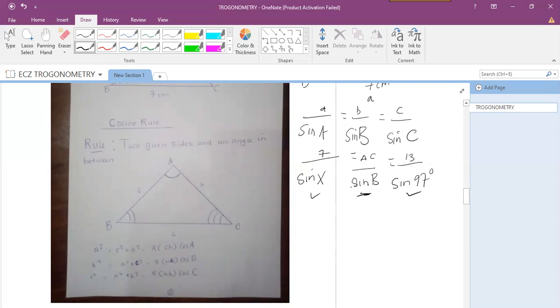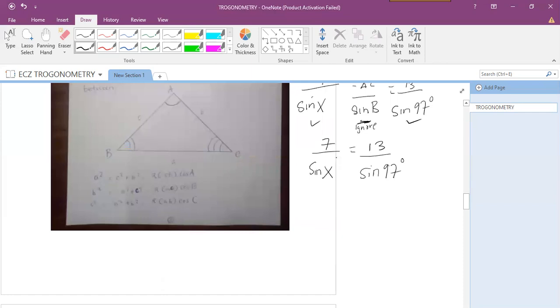So I'm just going to say 7 over sine x is equal to 13 over sine 97 degrees, like so, because everything is equal. So now this is an algebraic expression. I can just cross multiply and find the answer.